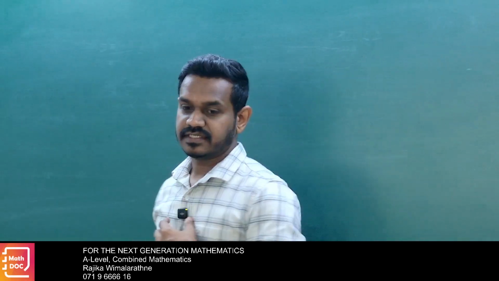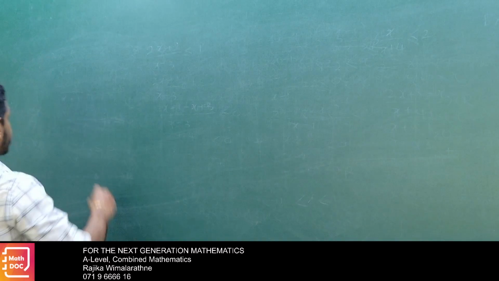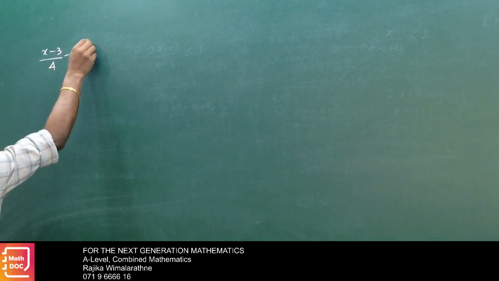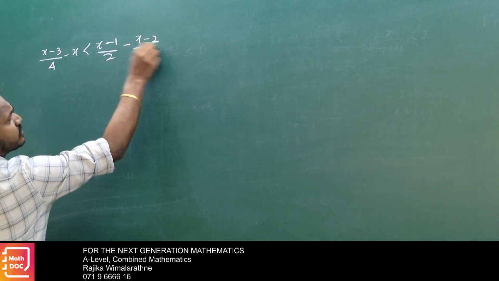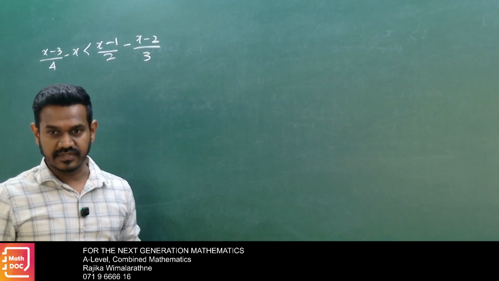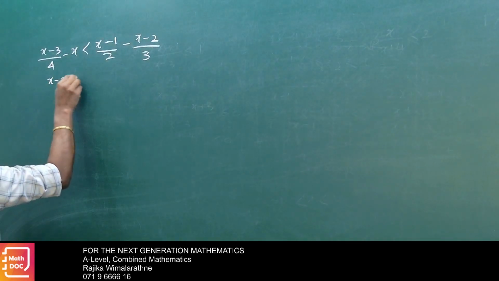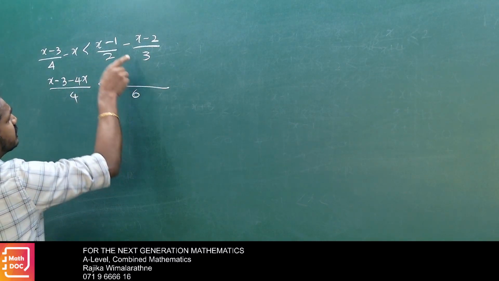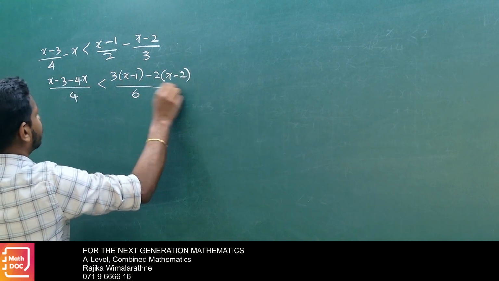Check your answers. Question number 7: given (x minus 3)/4 minus 6 less than (x minus 1)/2 minus (x minus 2)/3. This is a linear inequality, so you simplify first and take a common denominator. (x minus 3 minus 4x) over 4. On the right the common denominator is 6: 3 times (x minus 1) minus 2 times (x minus 2).